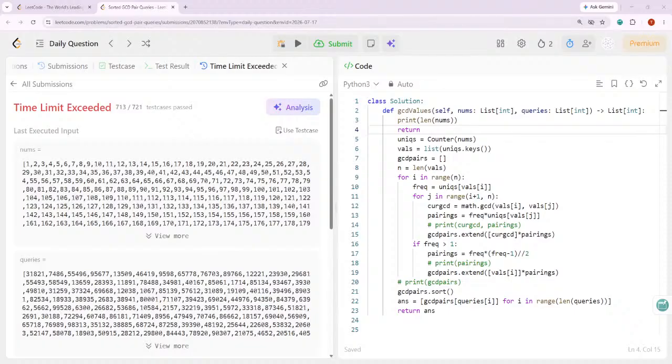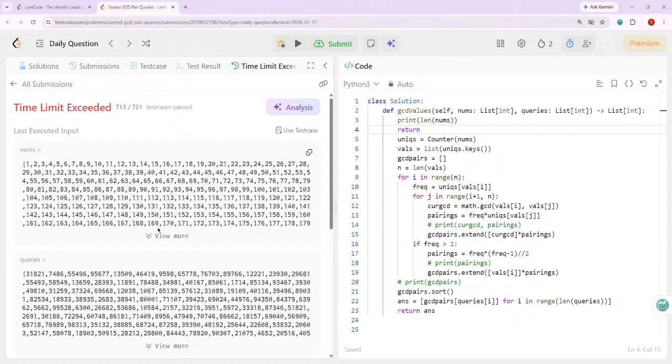What can I do here? So it's already sorted for me, but it wouldn't take that long to actually do the sorting.